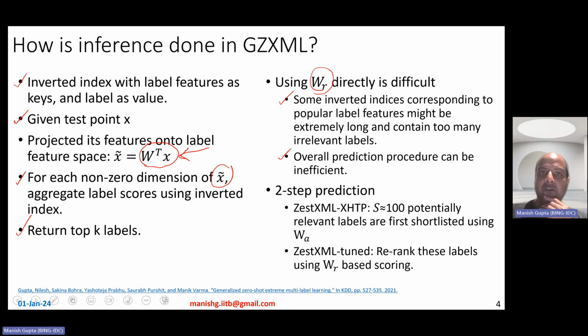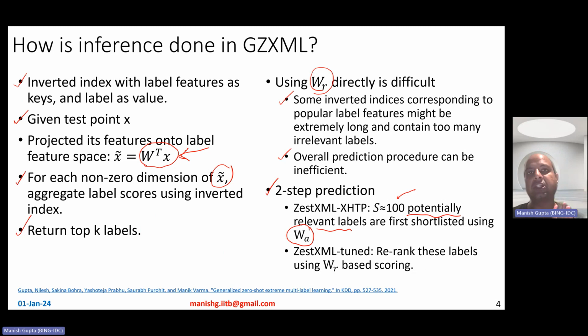Therefore, even for inference, the ZestXML algorithm proposes a two-step prediction. In the first stage, you do not use WR, but WA. Using this WA matrix, you shortlist up to 100 potentially relevant labels. Of course, you don't know if they are finally relevant or not.